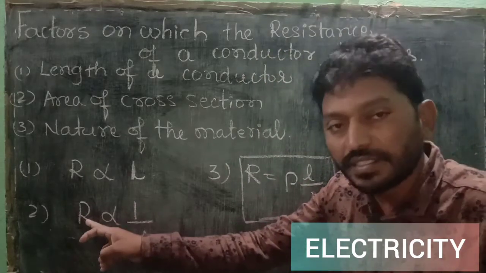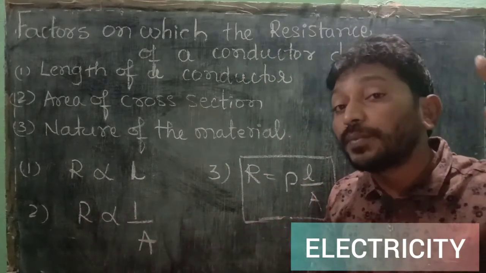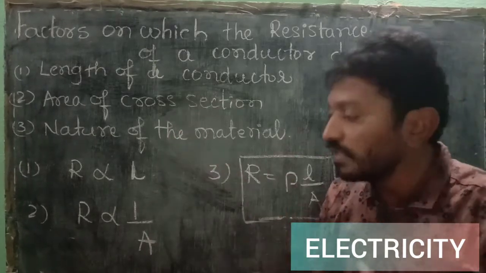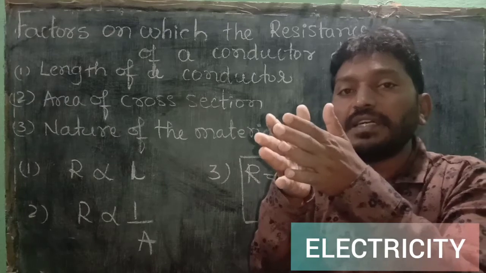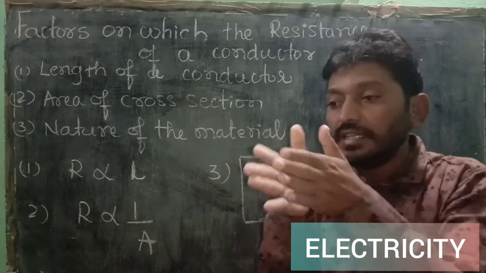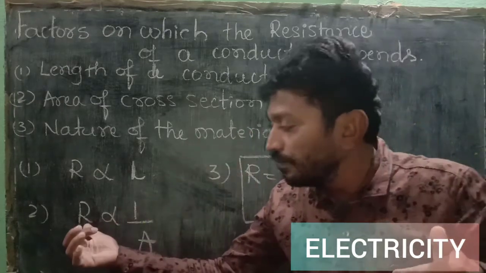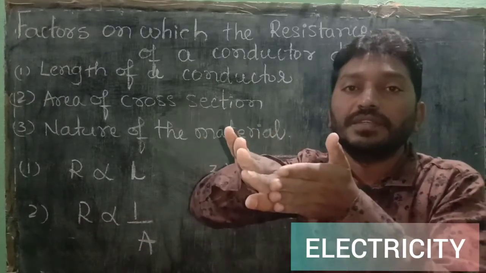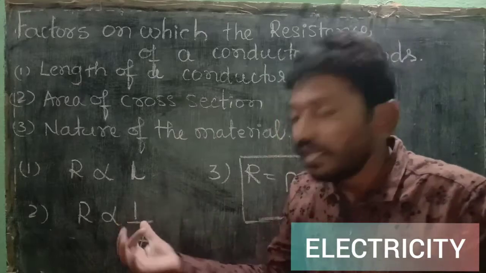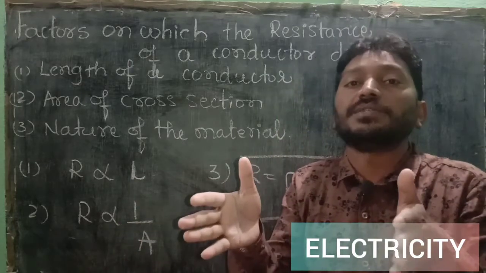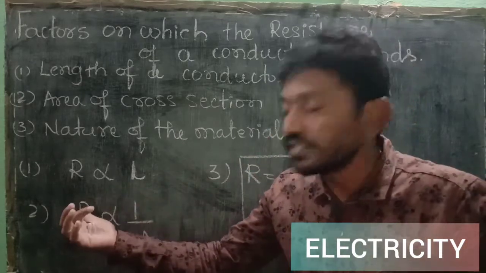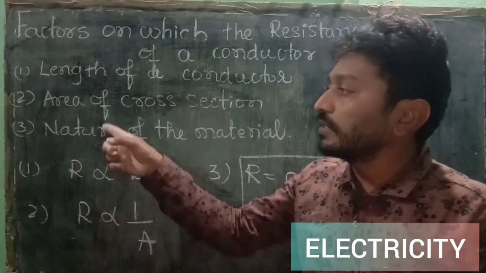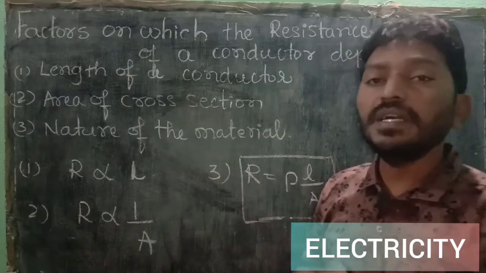Here the resistance is inversely proportional to the area of cross section. It means if the area is increased, the resistance is halved, that is, becomes half. If the area of cross section is decreased, the resistance is increased. This is the opposite of what happens with the length of the conductor.